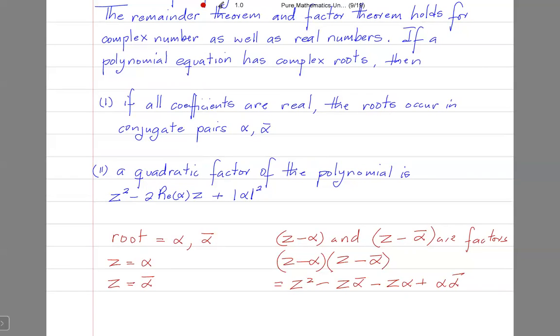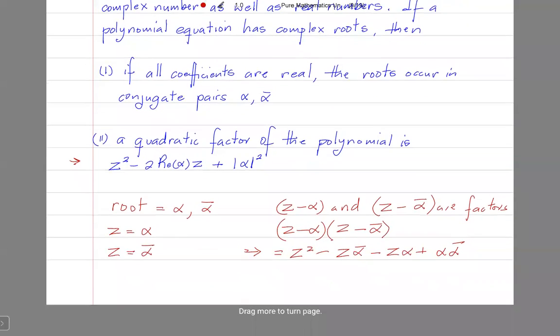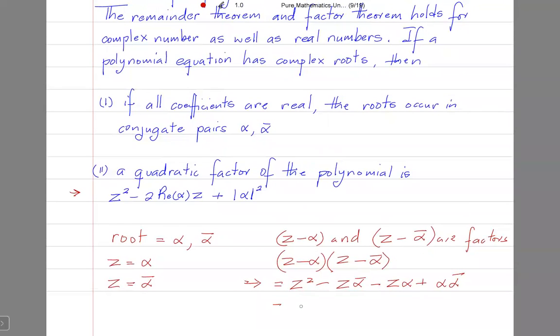All right. Now you see this, what I'm doing here is related to this statement. All right, so you can see that what we're going to have here is what? z squared minus, let us say, alpha plus the conjugate of alpha, z plus alpha conjugate.